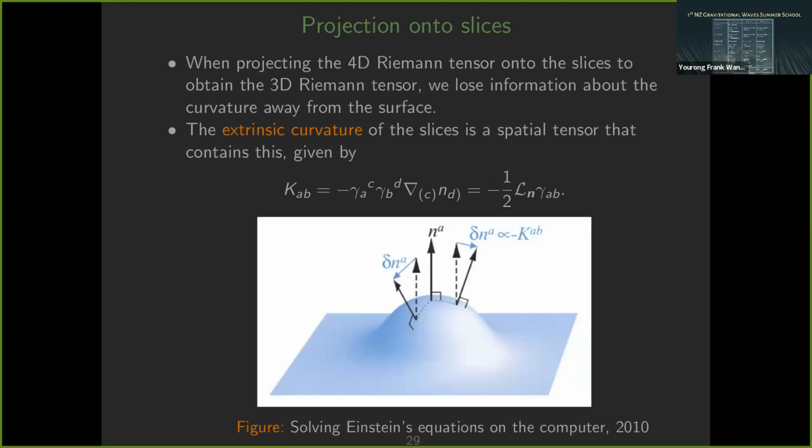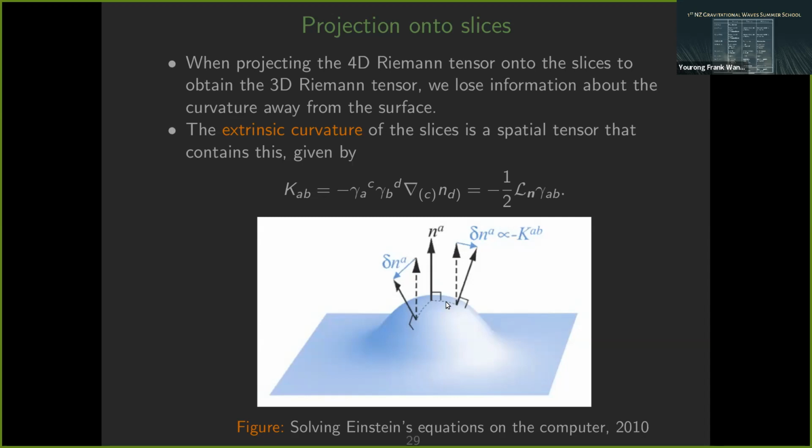In order to do that with the Riemann tensor, we found that indeed some information is lost, as you could probably expect. The information of the curvature away from the surface, which you would expect to be lost when you do this projection, is in fact found in the extrinsic curvature. This was basically looking at neighboring normals going from one slice to the next.